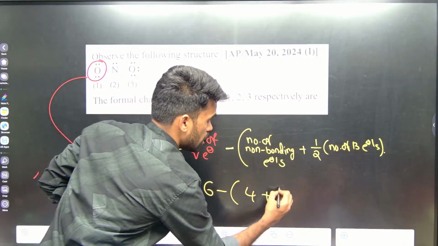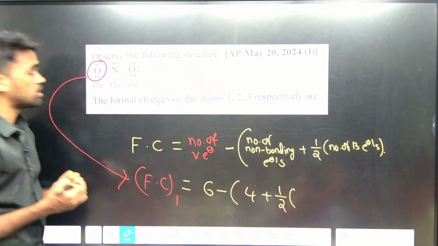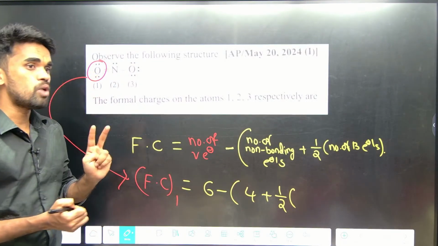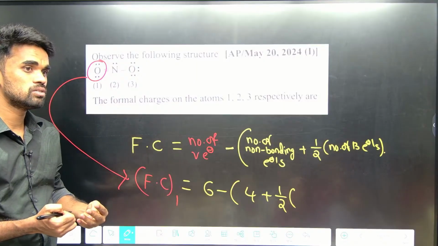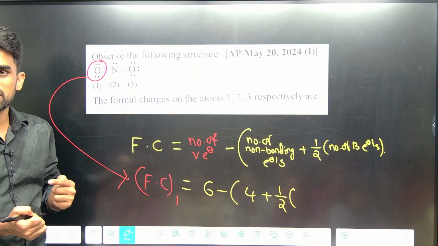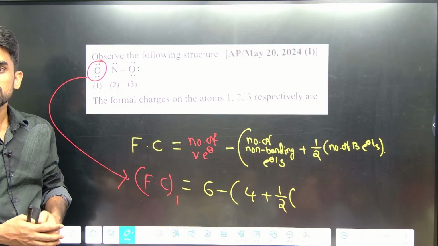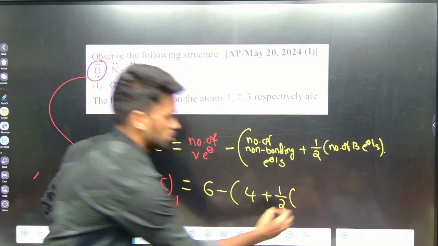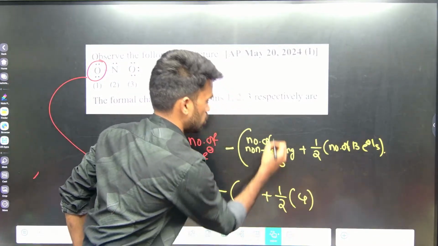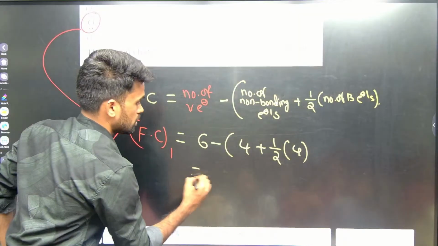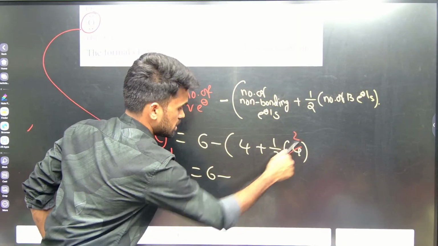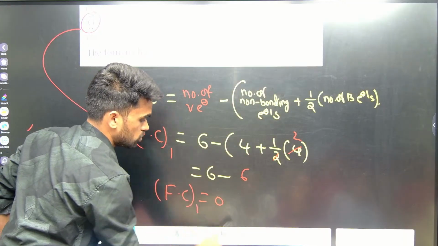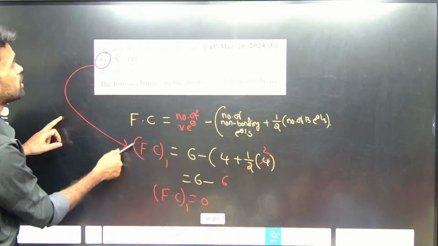Plus half into the number of bonding electrons. Between these two, how many bonds are there? 2 bonds. Each bond has 2 electrons, so 2 twos are 4. So I should take 4 here. So 6 minus 6. What is the formal charge on the first oxygen? 0.